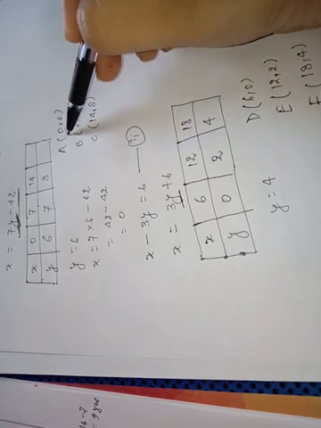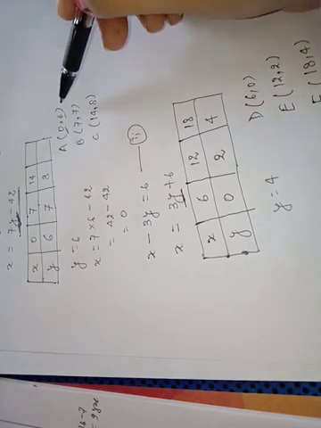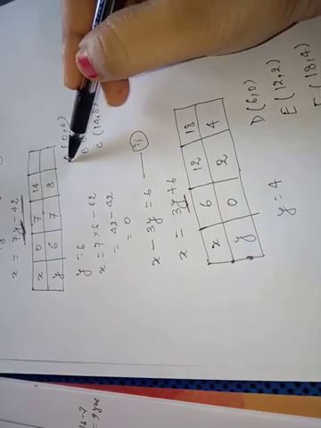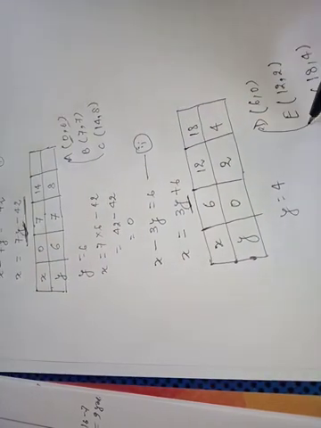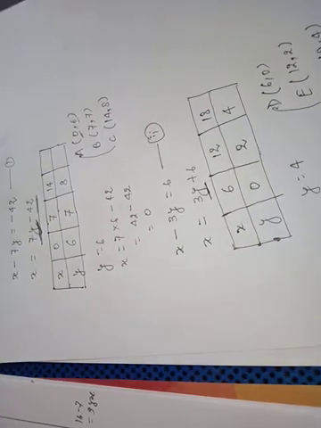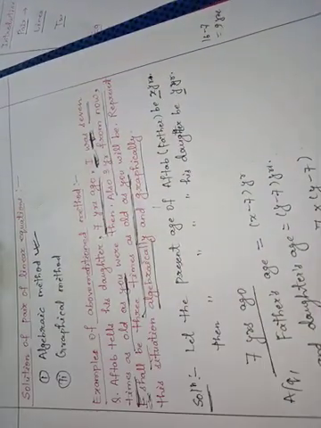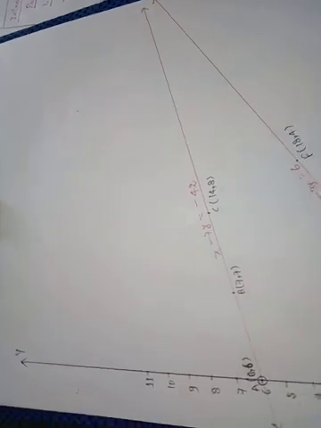Okay, and children, one thing comes to your mind: firstly we will write the x coordinate, after that the y coordinate. So on the graph we will represent these points. Let's see its graphical representation.